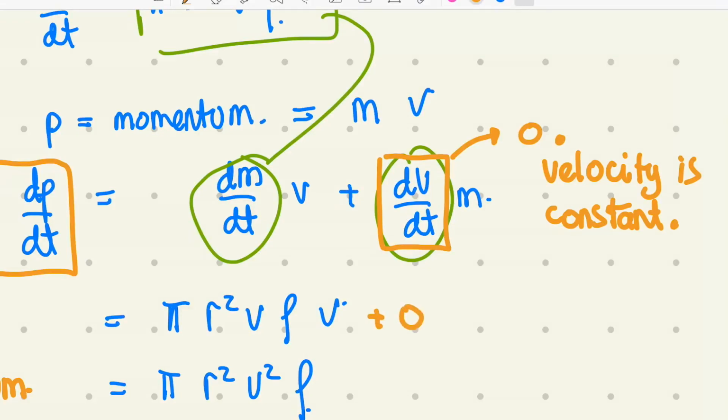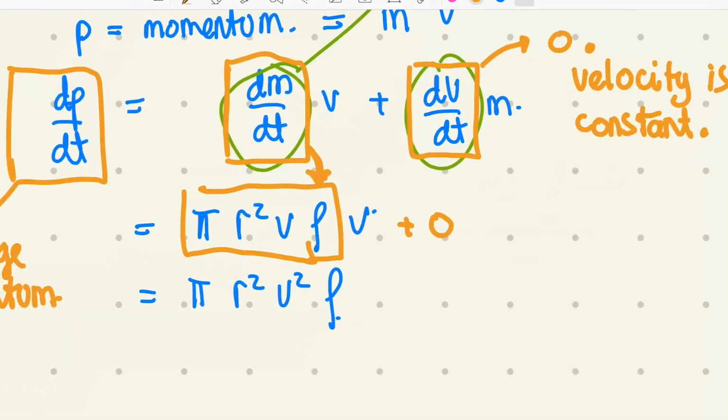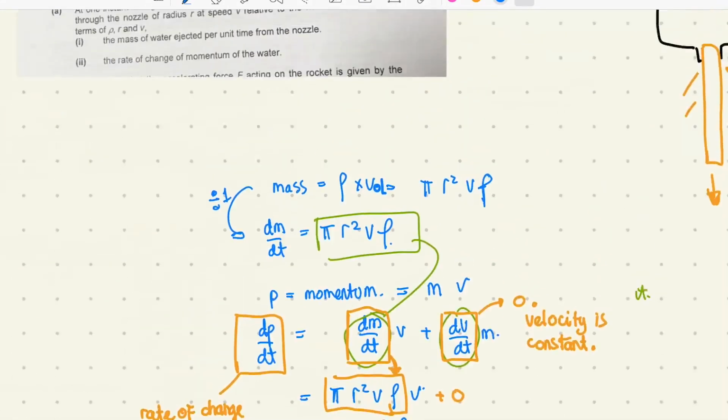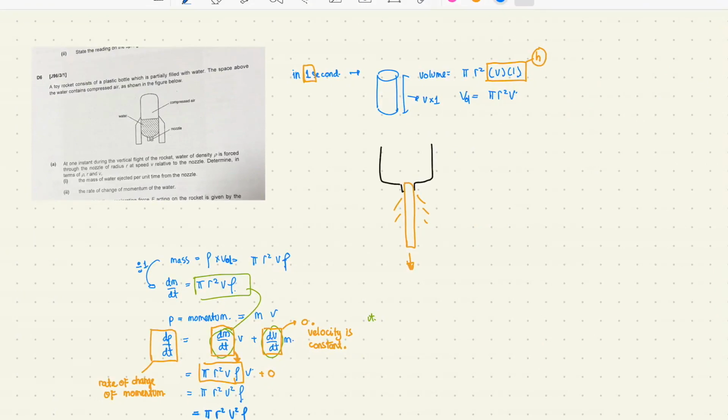Then you simplify. dm/dt times v. dm/dt is this part from the previous calculation. If you simplify, you get πr²v²ρ. Yeah? πr²v²ρ. So that's the answer for part A.